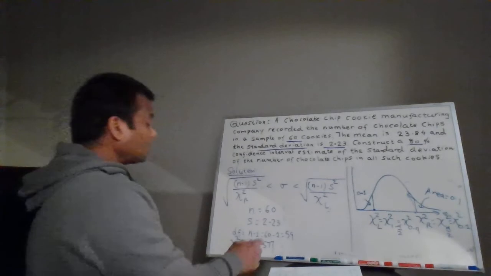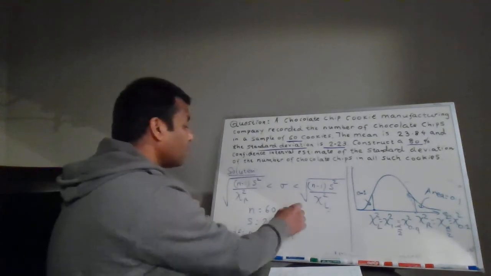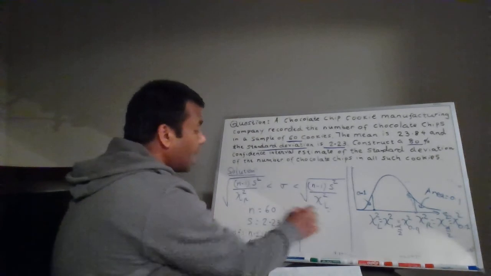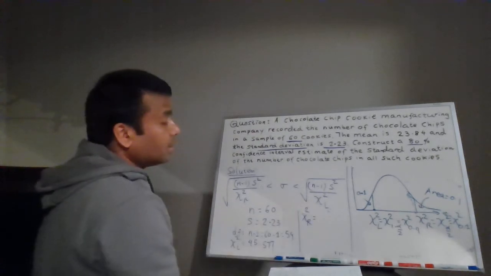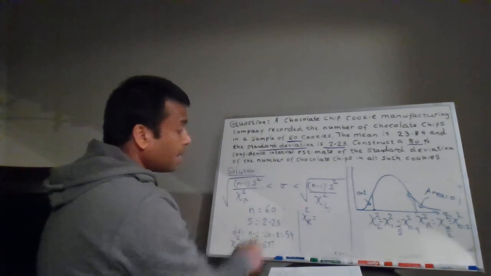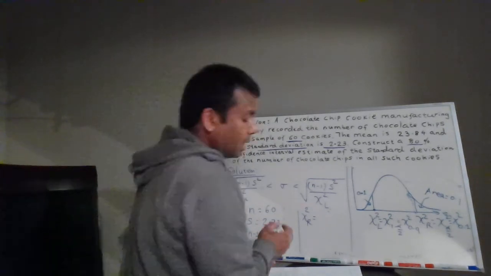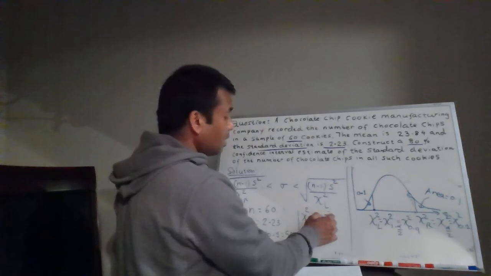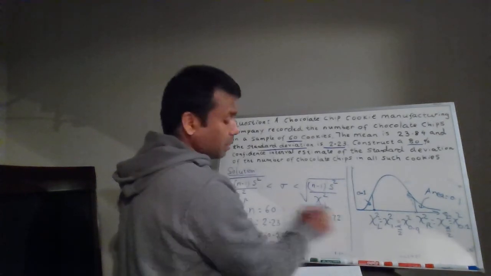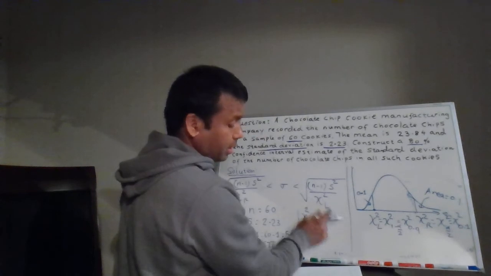And similarly, the right critical value chi-square R, with degree of freedom 59, is from the table.